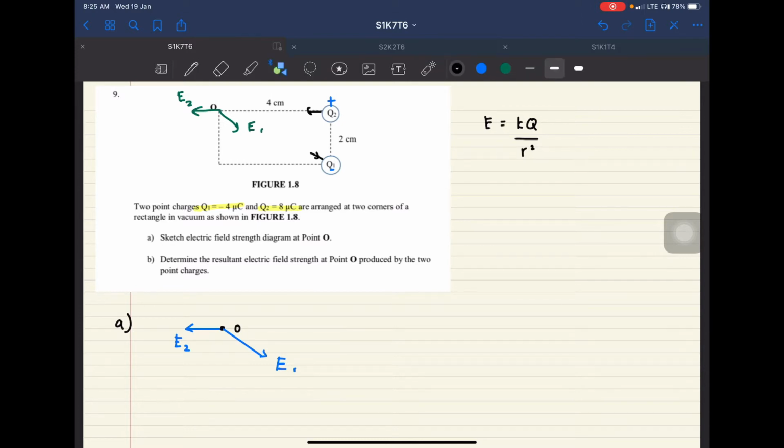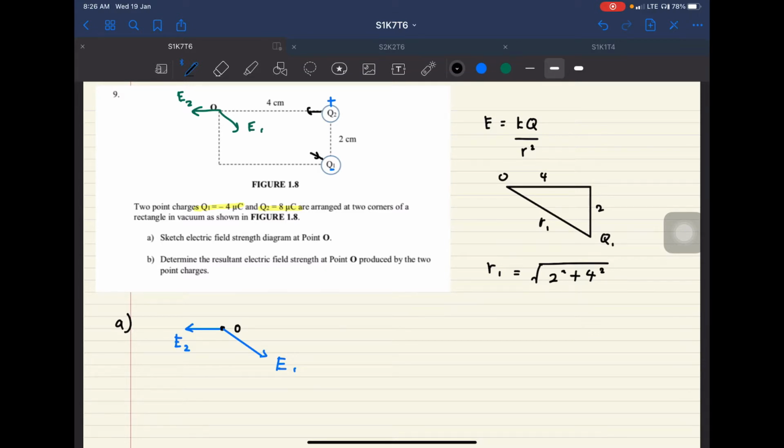So if I draw a triangle, this is point O, this is your Q1. This is 4 centimeter, this is 2 centimeter. So r1 is over here. r1 is equal to the square root of 2 squared plus 4 squared.